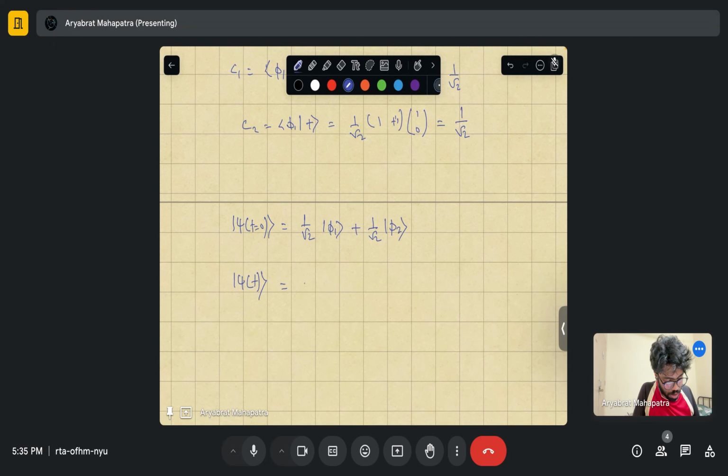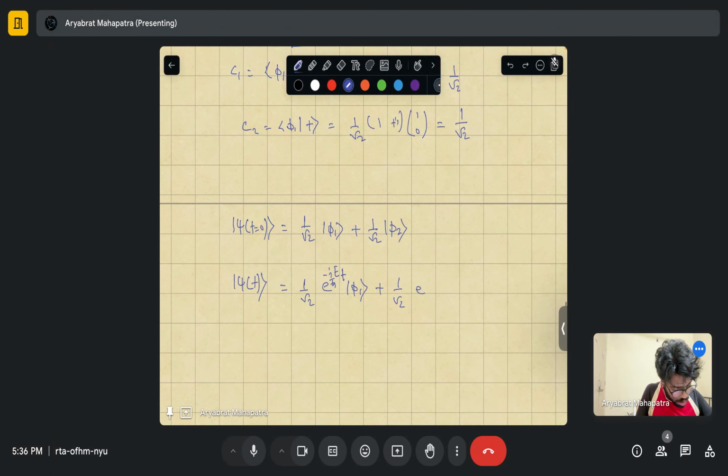To evolve, we usually write e to the power minus i E1 t by h bar times phi 1, plus 1 by root 2 e to the power minus i E2 t by h bar times phi 2.